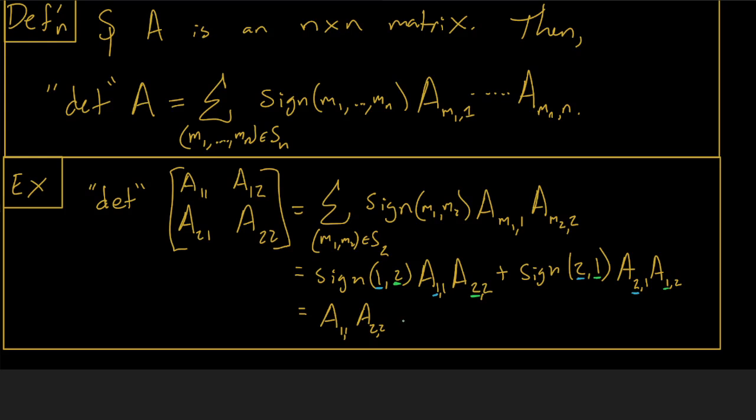So I get (-1)^1, which I'll just write as a minus sign. Then I'd have a21 a12. Hey, that's the regular old formula for the determinant you saw in your first linear algebra class, at least for a 2 by 2 matrix. Nothing too crazy. Okay, cool.